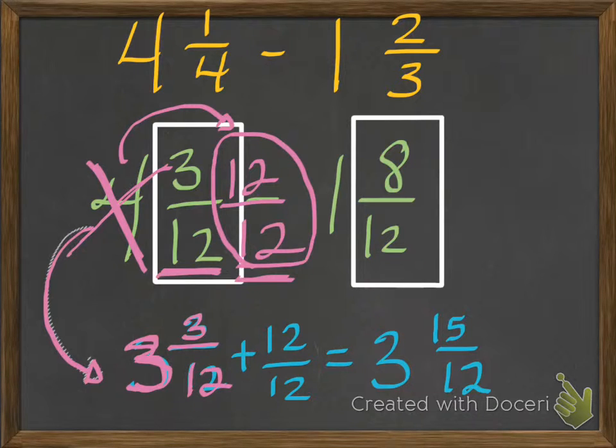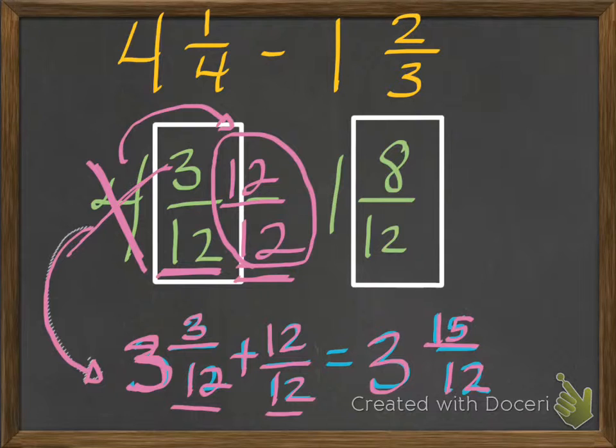So I want to use the same kind of fraction. So I'm going to borrow and change that 1 whole into 12/12, and then add them together. I add the fractions first, so 3/12 plus 12/12 equals 15/12. And then I have 3 plus nothing else, so 3 and 15/12.